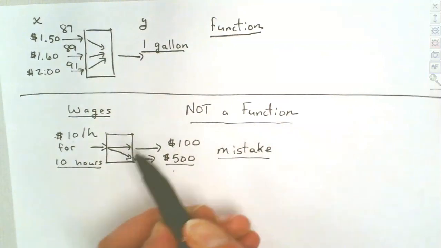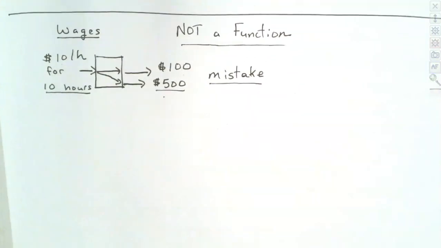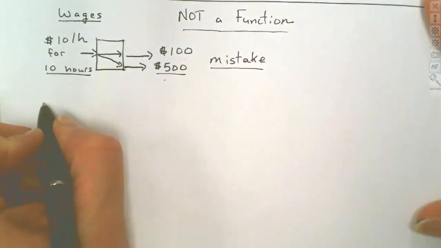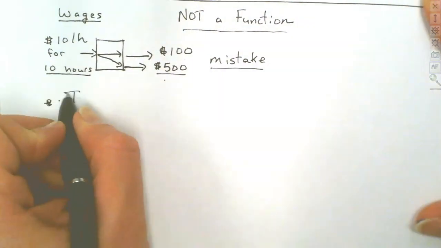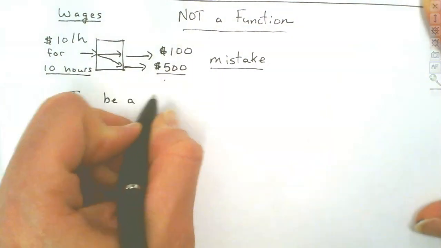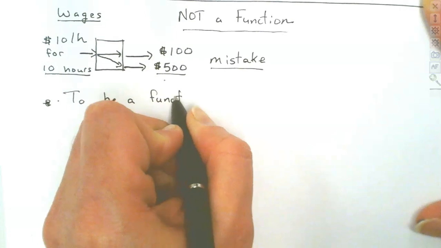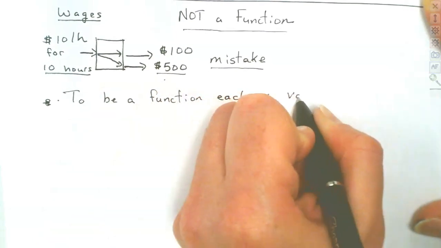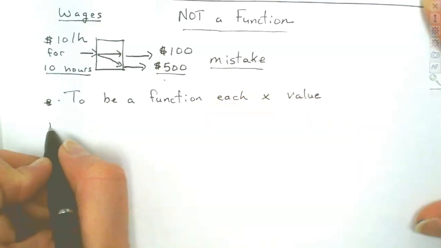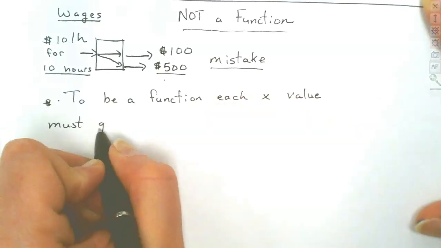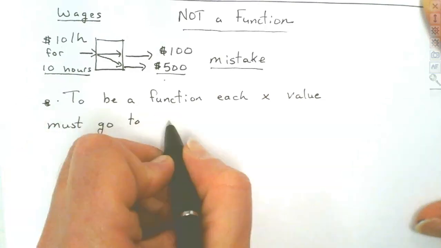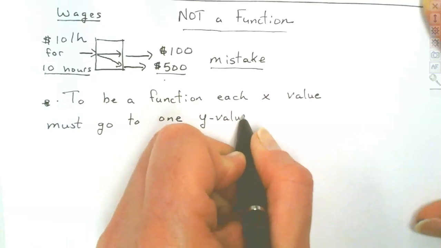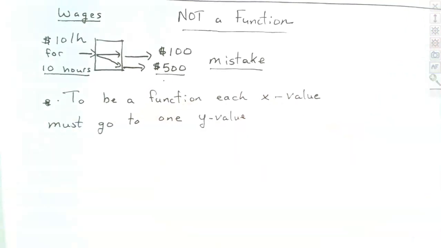So what makes something a function is each x value must go to one specific y value. So each x value has to go to one y value.